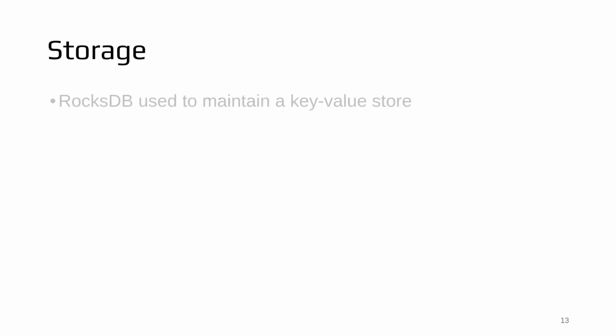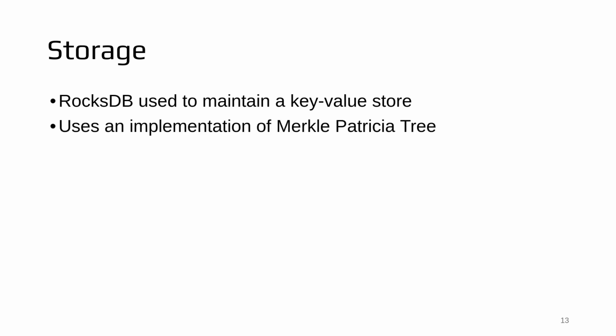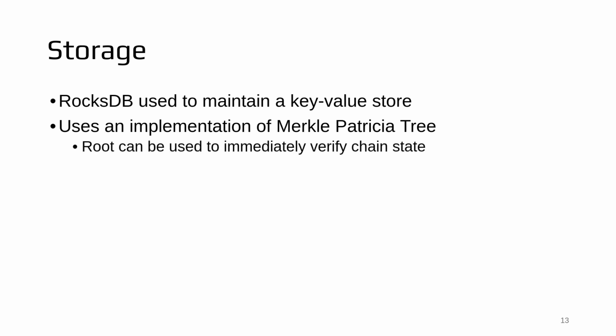Now, when it comes to storage, Substrate uses RocksDB as its key value store, and they use an implementation of the Merkle-Patricia tree. This is done so that, if you were using a plain Merkle tree, you could verify the chain state using the root, but the access times are too slow, log n.